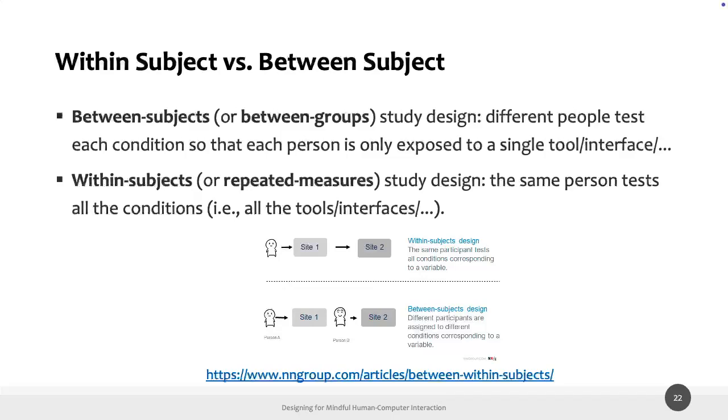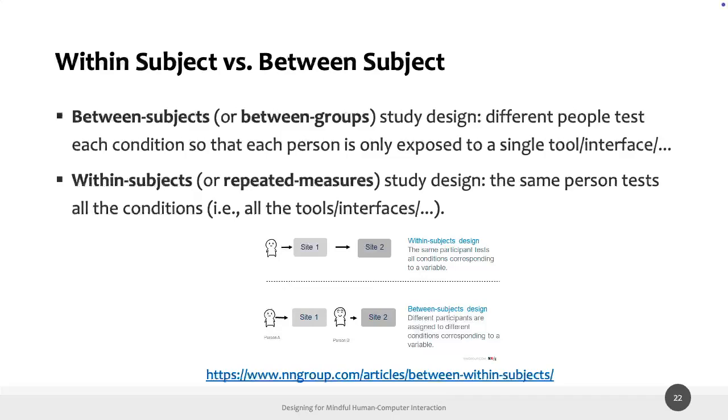So the main disadvantage of between subject is the noise in your data, because different persons have different characteristics, and this can influence the usage of the tool, and that's why it's really important to balance your populations across the two conditions. The second one, instead, within subject, suffers from learning effects.